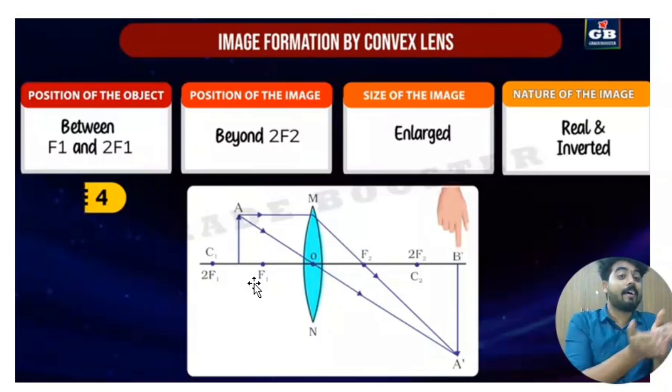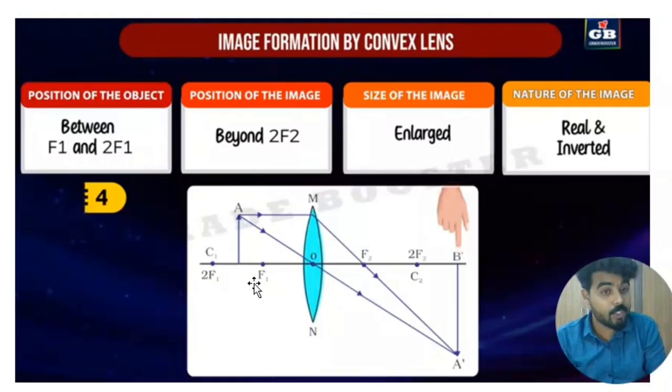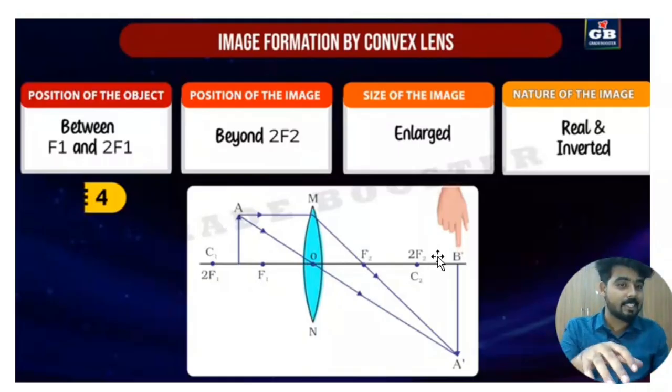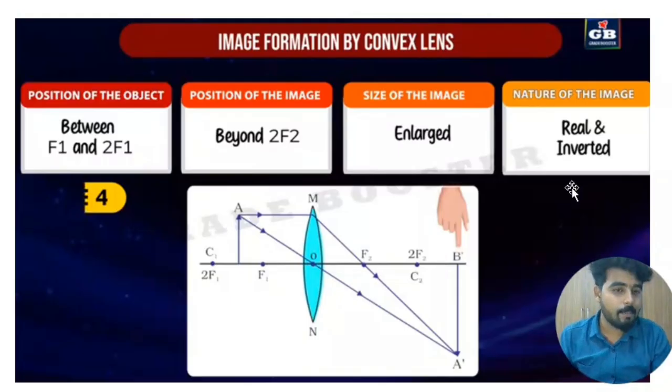It will be formed beyond 2F2. What is 2F2? 2F2 is called the center of curvature of a lens. Here the image formed will be enlarged because we are using a convex lens. What is the nature of the image formed? A real and inverted image will be formed.